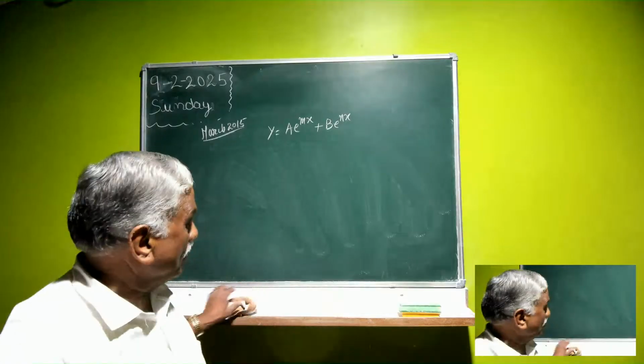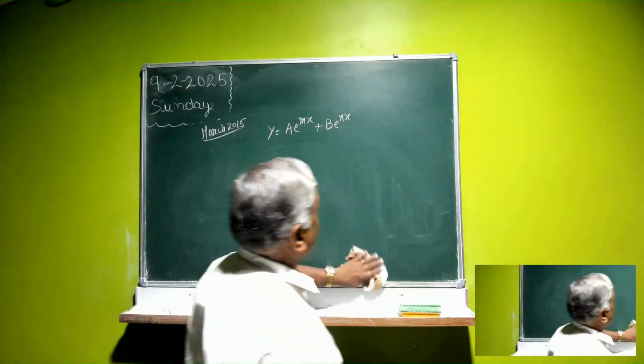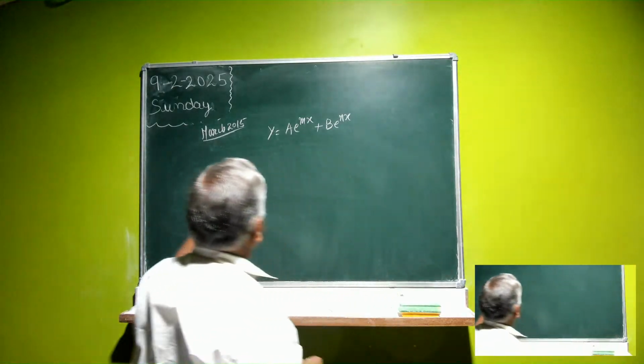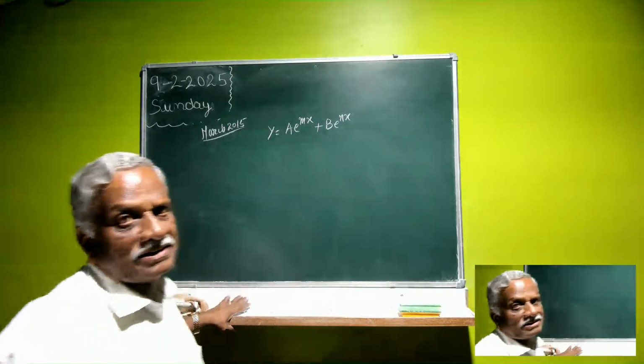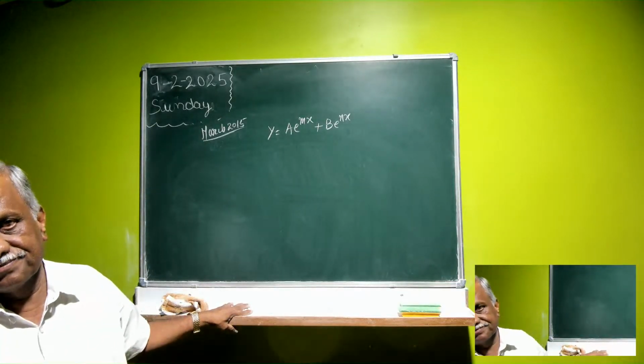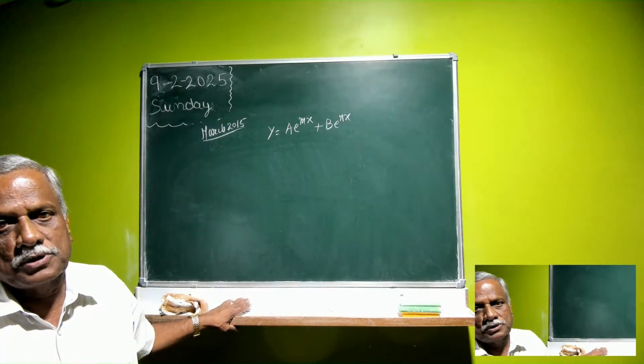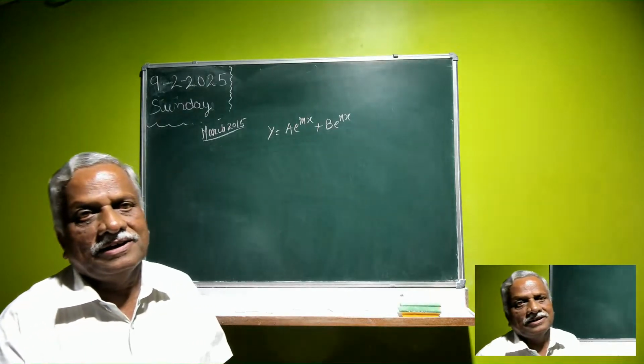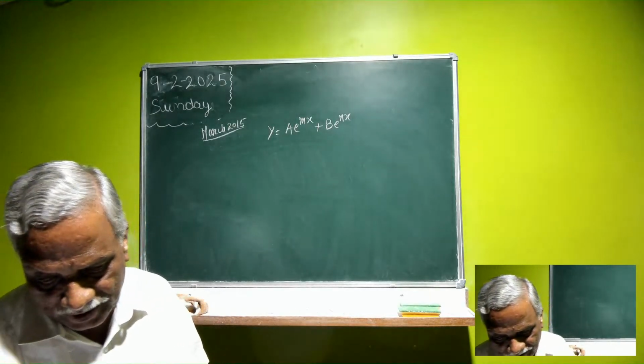See, that problem was 3 e to the power of 2x and 2 e to the power of 3x, which was a little easy because you had numbers. Here I got alphabets. Procedure is same, but you have to be little careful while working.